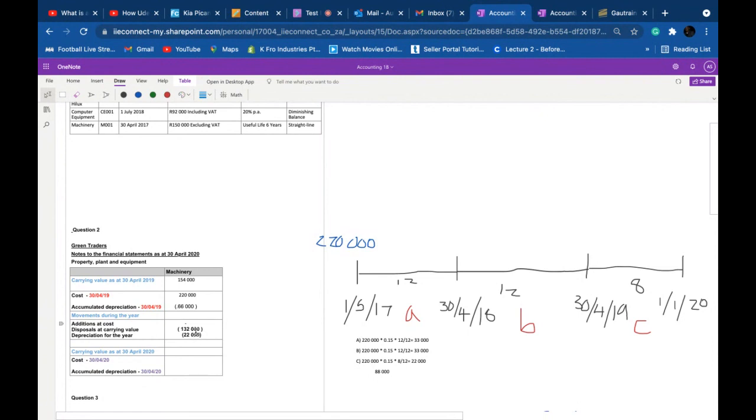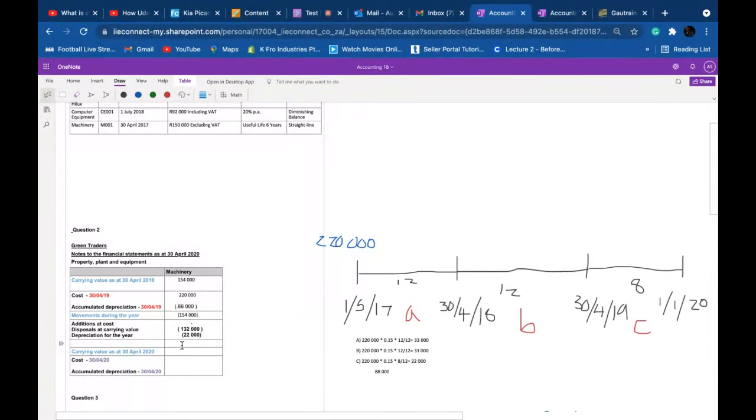Okay, so you add these two together. Can you see that? There's two negative amounts there. Nothing positive in terms of additions at least. And so the total that we're going to have here is a negative 154,000.